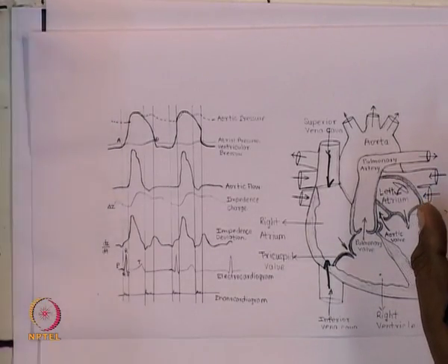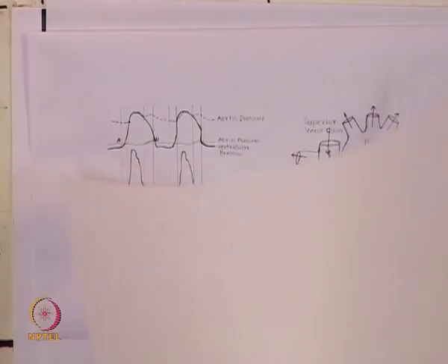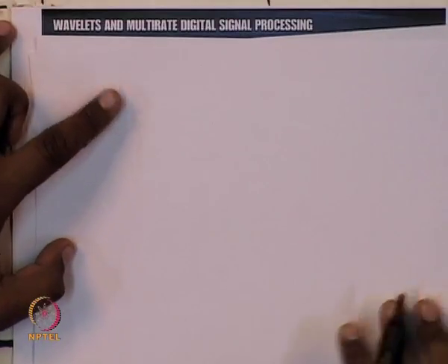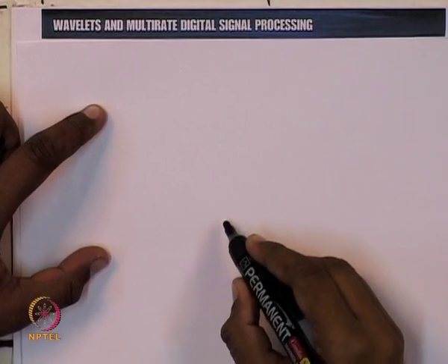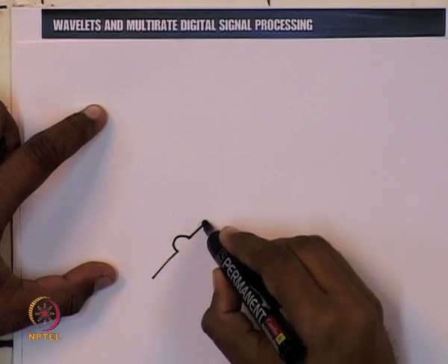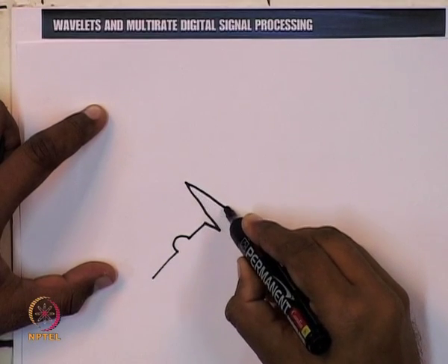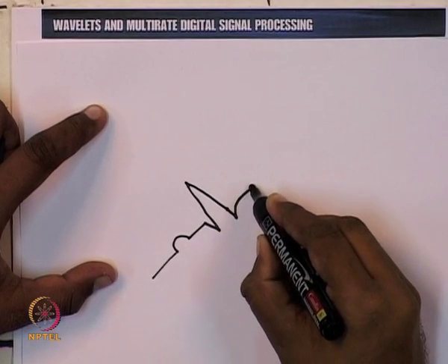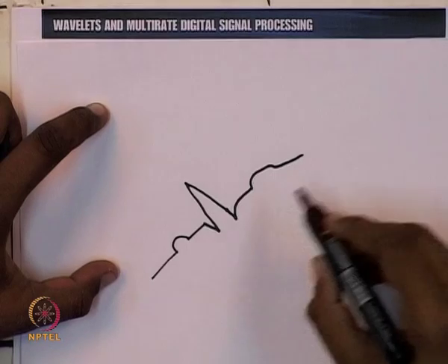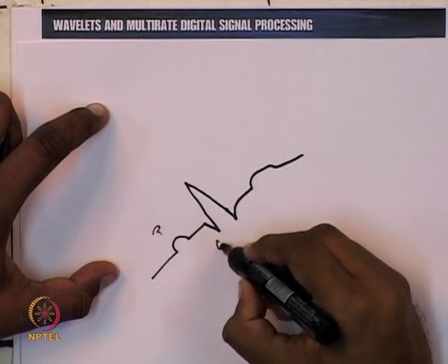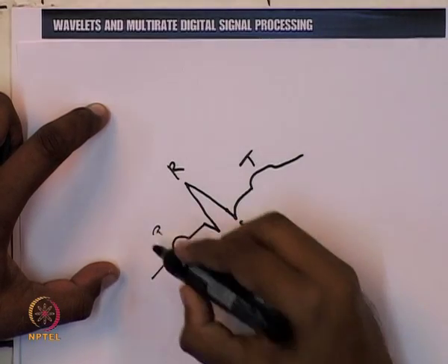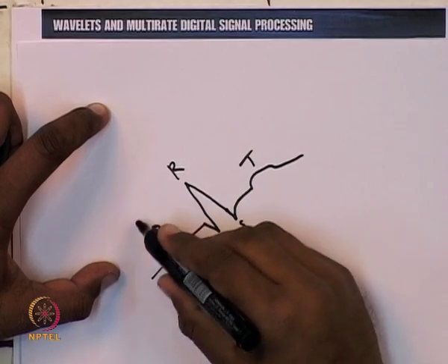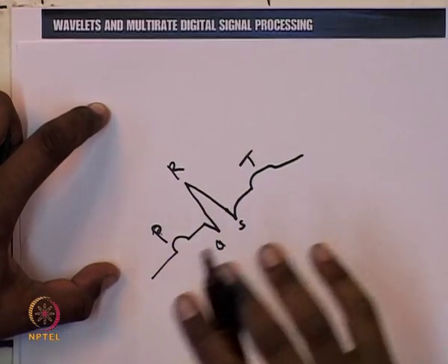This particular waveform I will draw once again and explain. Now, the basic electrocardiographic signal will look something like this. So, this is the P wave, then QRS and a T wave. This P wave indicates the beginning of contraction of the atrial pumps.